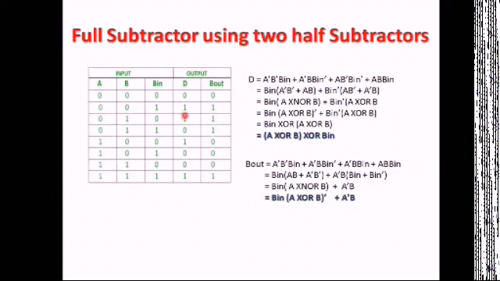So just write the expressions where the value is 1. This one is 1 here. This one is A bar B in bar. Now this one, we will take 4 values of 1. This one, this and this. So just write difference is equal to A bar B in bar plus A bar B in plus A B in bar plus A B in.